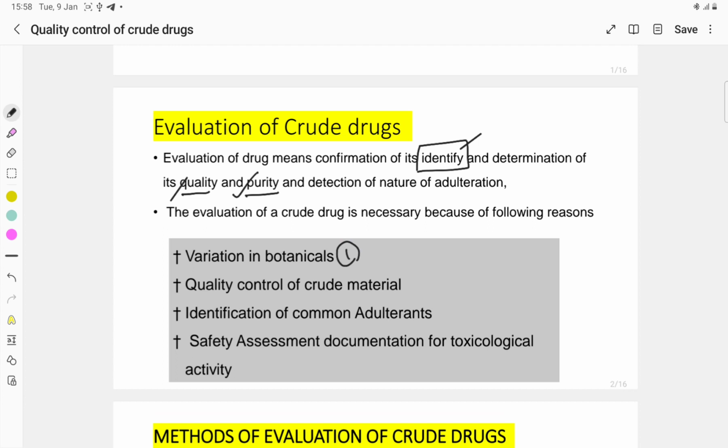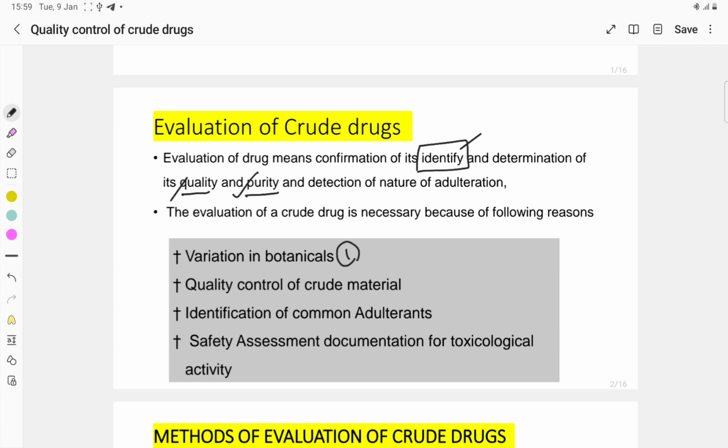That means some drugs have chemical variation. You know that a plant contains secondary metabolites. The secondary metabolite is very, very important for us because the secondary metabolites are used for therapeutic effect as a drug, because they have therapeutic or pharmacological actions.